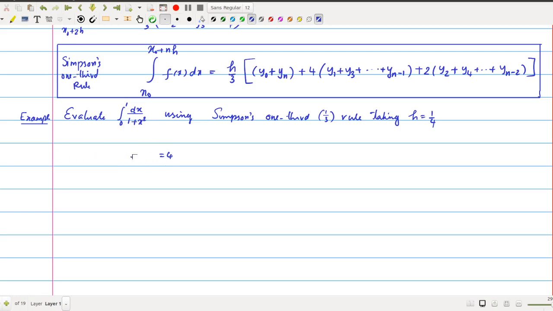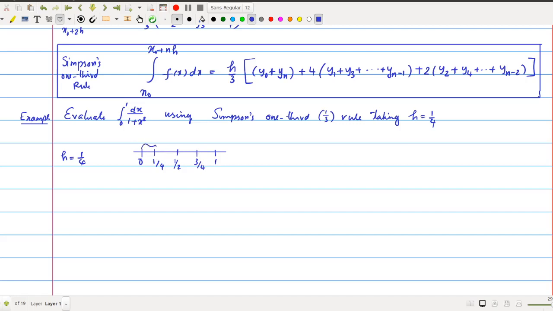We are given that h is equal to 1 by 4. First we have to evaluate these values, y0, y1, y2 and so on. So we split the interval, this is 0 and this is 1, and h is 1 by 4. So this is 1 by 4, this will be 1 by 2, this will be 3 by 4 and 1. This will be the splitting.